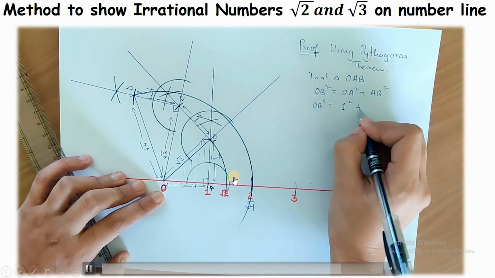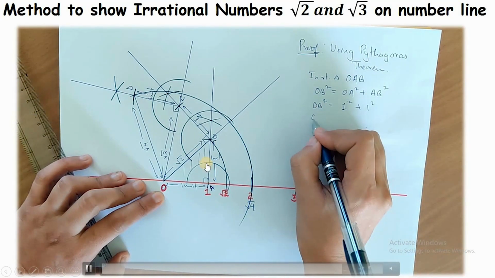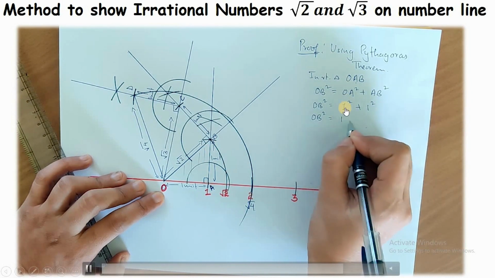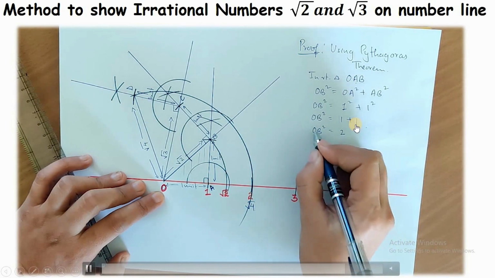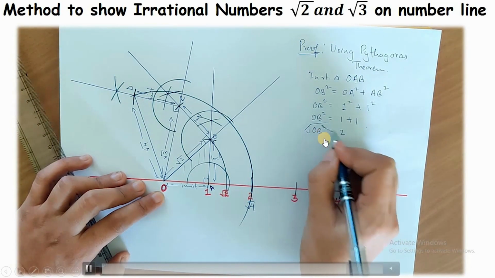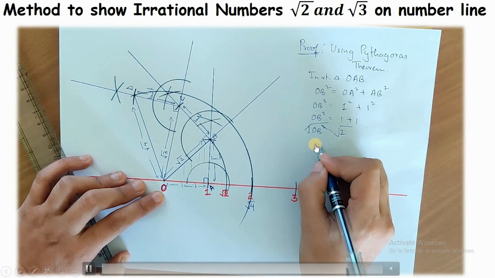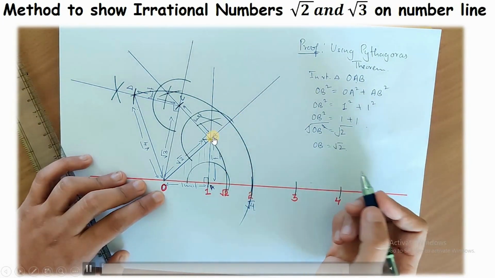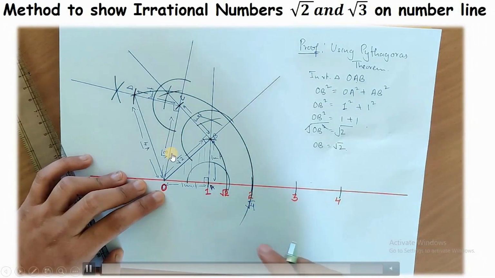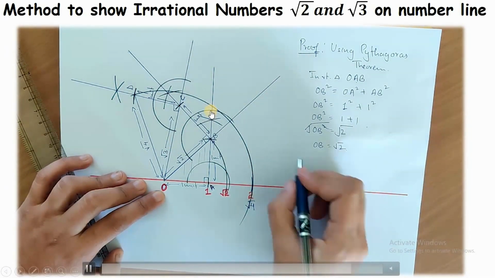OB square equals OA is 1 unit and AB is also 1 unit, squared. 1 square is 1, plus 1 square is 1. Therefore OB square equals 1 plus 1, which is 2. So we'll take square root on both sides. Therefore OB is equal to square root of 2. Hence proved. Again we'll try to prove the square root of 3.